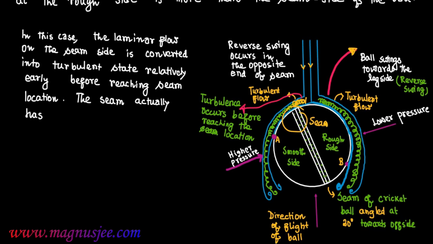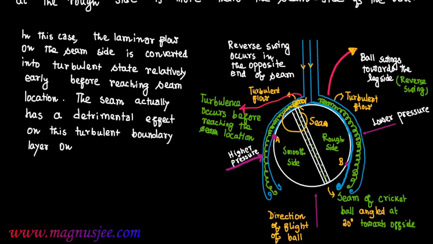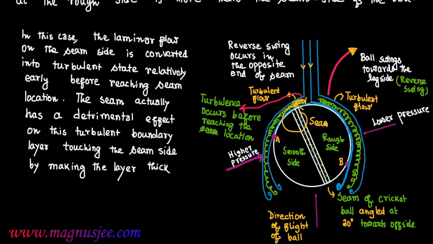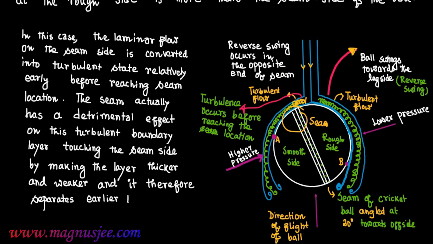The seam actually has a detrimental effect on the turbulent flow or on the turbulent boundary layer touching the seam side of the cricket ball, by making the turbulent boundary layer thicker and weaker, and it therefore separates earlier than the turbulent layer over the non-seam side of the cricket ball.